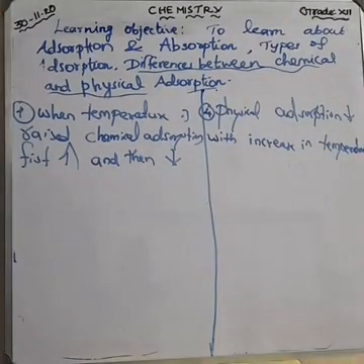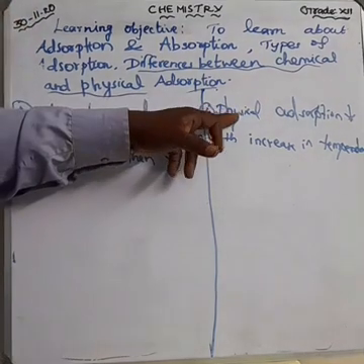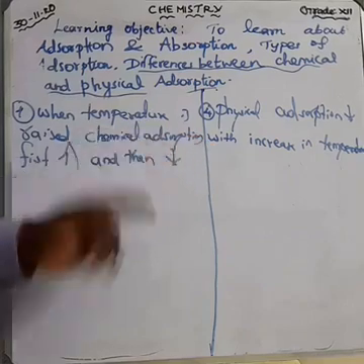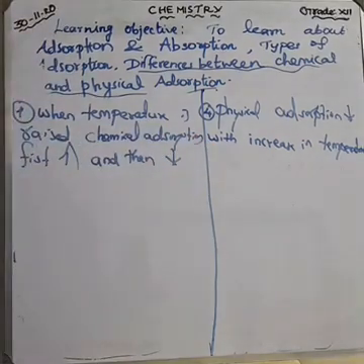Clear the point? What is about the fourth point? When the temperature is raised in chemical adsorption, it first increases, then decreases. About the physical adsorption, it decreases with increase in temperature. Okay. Next, about the fifth point.